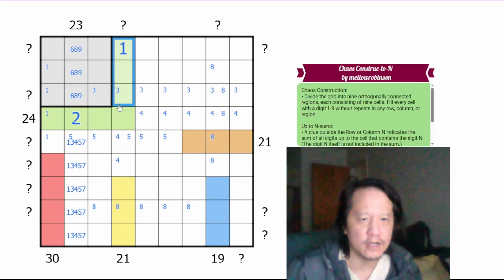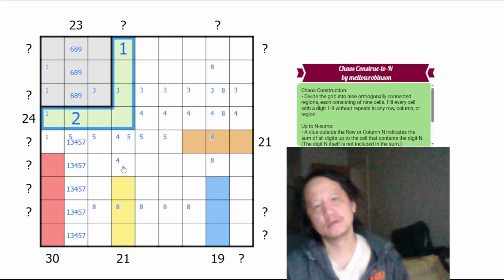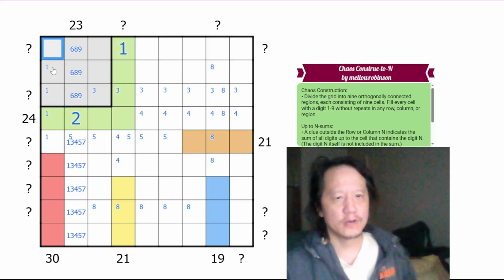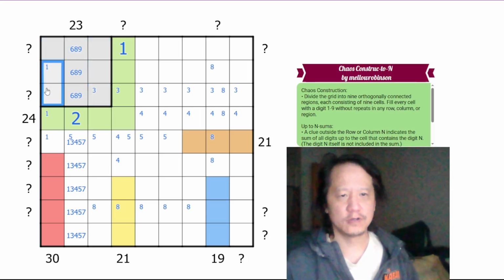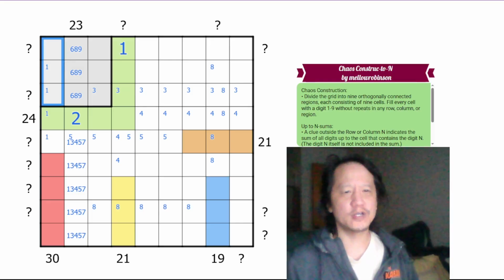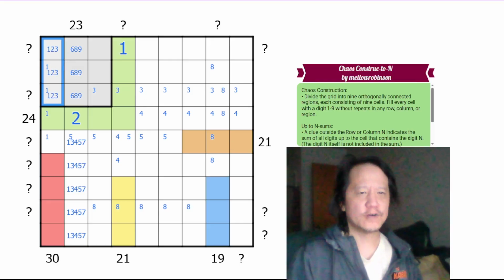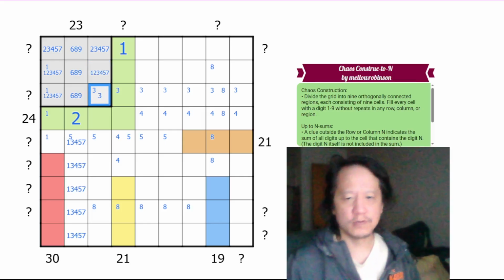We need a 4 somewhere in the green region then. Huh. Remaining digits in the light region. We have 1 cannot be here. 1 could potentially be here. So we have 1, 2, 3, 4, 5, 7. And this can't be 1. This can't be... oh. This cannot be 3.